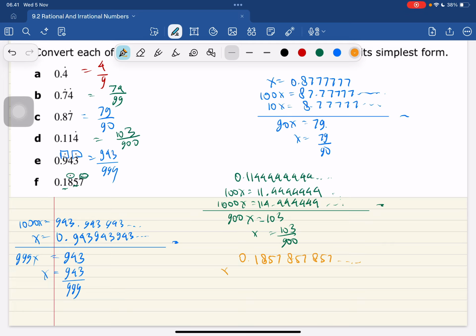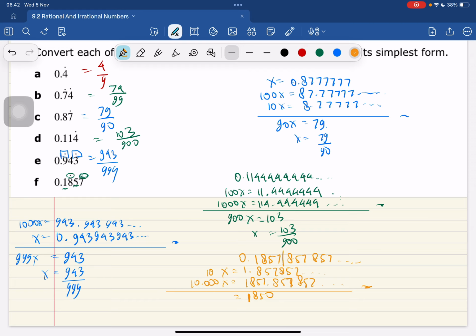So we can first try to multiply it by 10. It's going to be 1.857857 unlimited. So to make it 857 again, we can multiply it by 10,000x, equal to 1857.857, okay, unlimited.